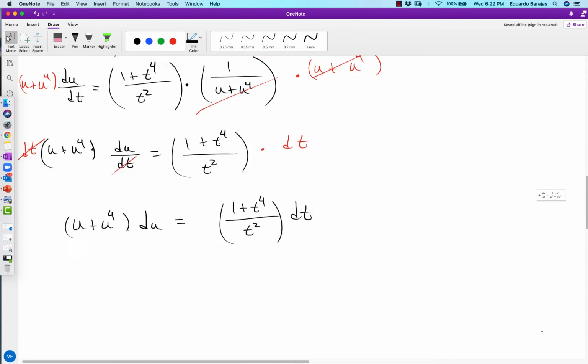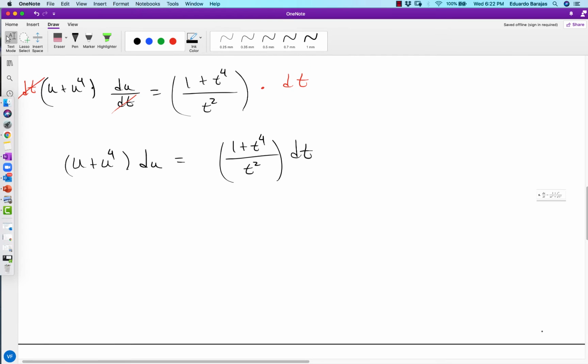Okay, so now that we have it like this, what we could do is take the integral of both sides. So we're going to integrate this side, u plus u to the fourth power du, and integrate this side, integral of 1 plus t to the fourth power over t squared dt. This should be nice and straightforward, no problem.